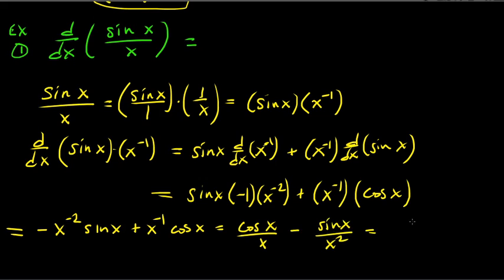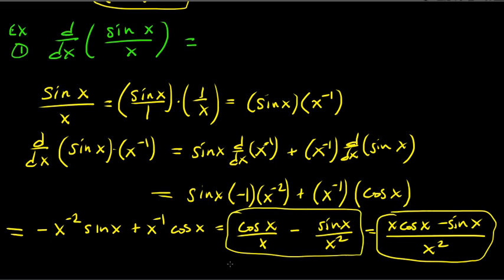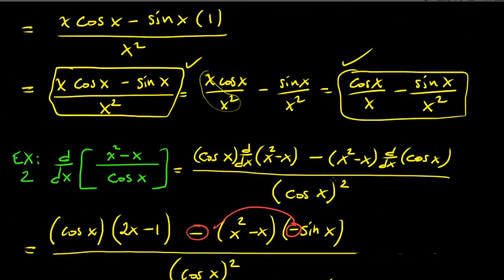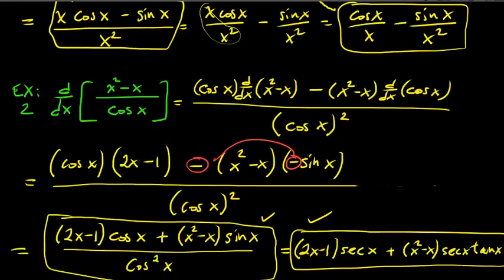And if you get a common denominator, you get x cosine x minus sine x all over x squared. Right? And I think these are the ways we wrote the first, or actually there were only two ways. I don't think we wrote it this way, but obviously I would accept that now too. And back up here, yep, we wrote it both ways. Either way is fine, right?